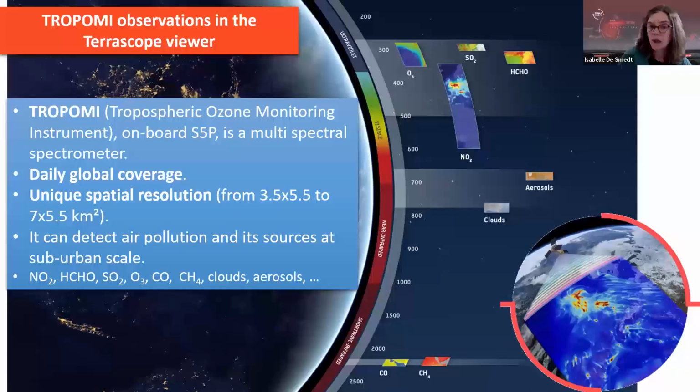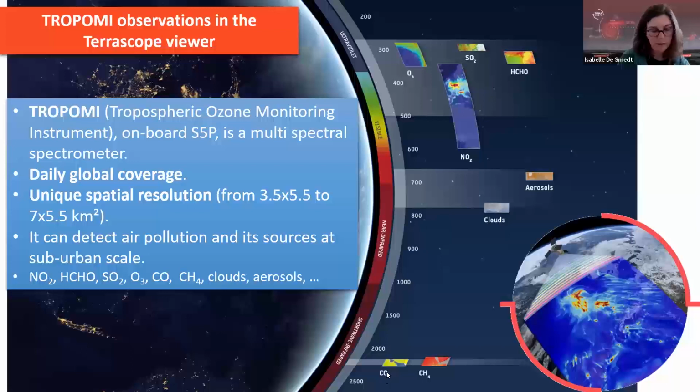The main operational products for TROPOMI are the ozone total column, but also profile and tropospheric column, nitrogen dioxide, sulfur dioxide, formaldehyde, all retrieved in the UV-visible spectral range. Then you have cloud and aerosols retrieved in the near infrared. And then carbon monoxide and methane are retrieved in the shortwave infrared.